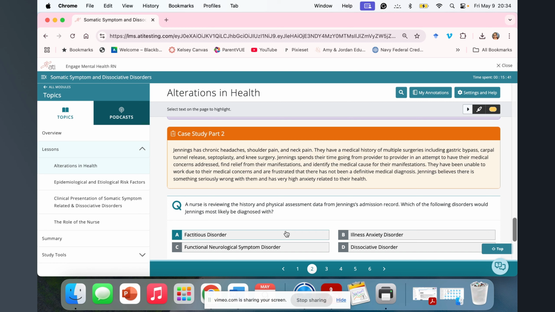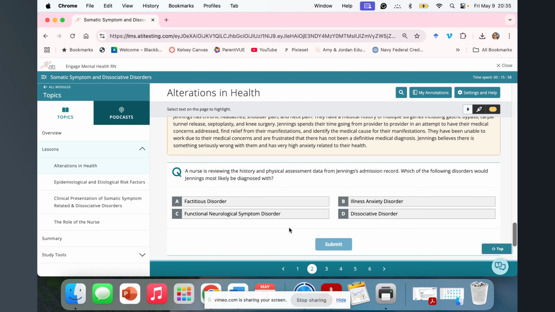They have been unable to work due to their medical concerns and are frustrated that there has not been a definitive medical diagnosis. Jennings believes there is something seriously wrong with them and has very high anxiety related to their health. A nurse has the history and physical assessment data from Jennings' admission record. Which of the following disorders would Jennings most likely be diagnosed with?